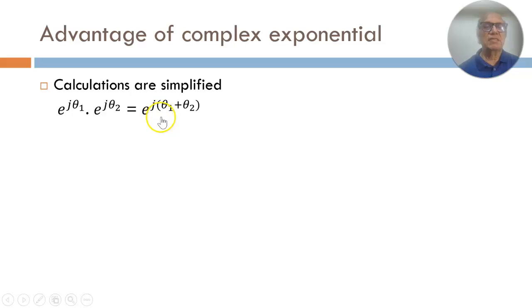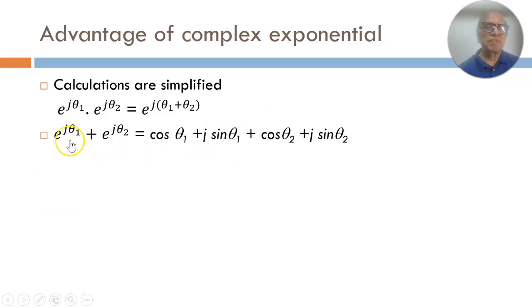In that case, this can be very easily obtained by summing theta 1 and theta 2. So you can see that by using complex exponentials, many a times the calculations are simplified. Similarly, if you want to add the two, you simply expand them as cos and sine functions and add the real parts and add the imaginary parts. So that is the reason.